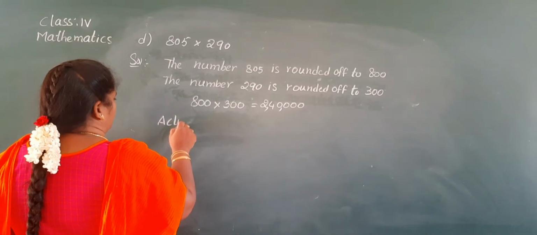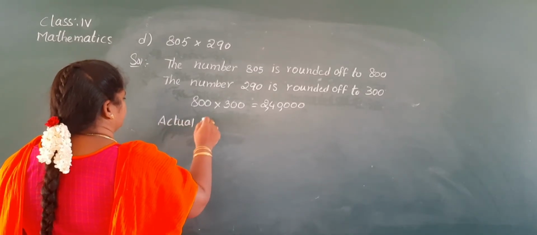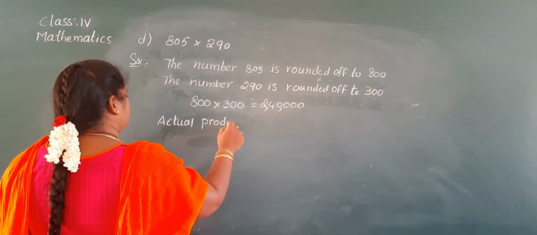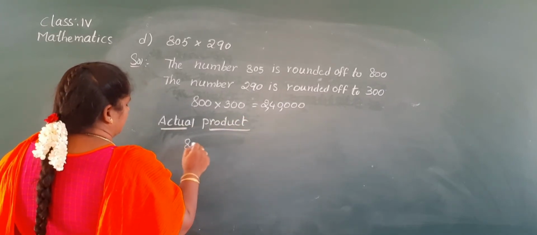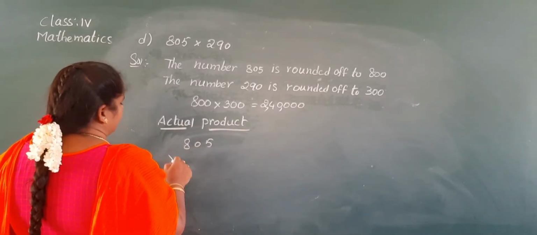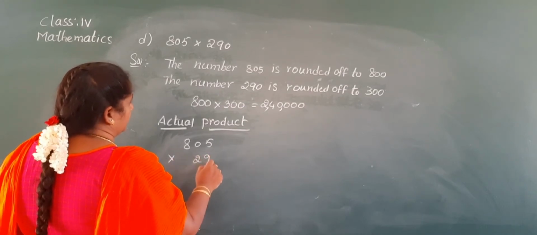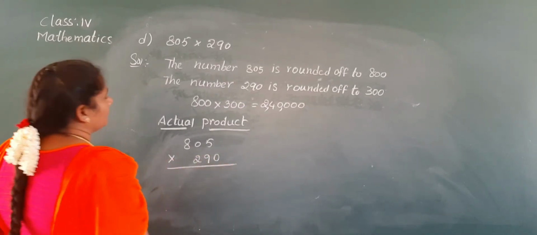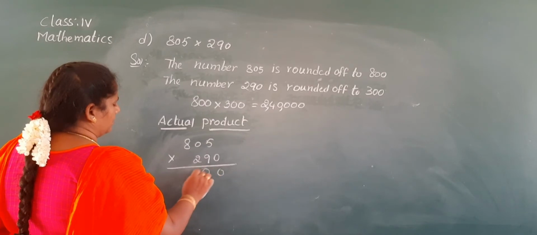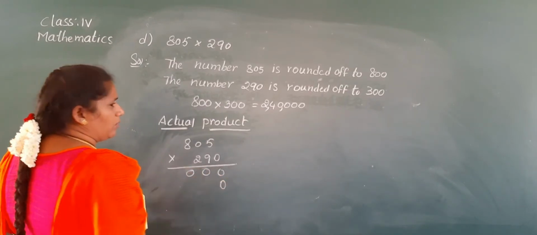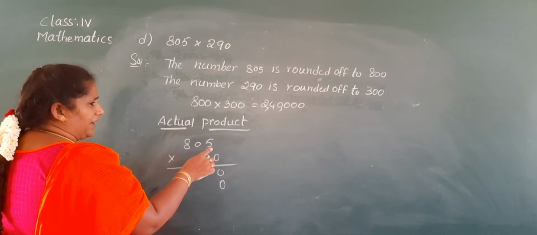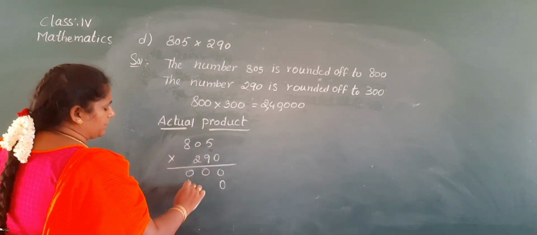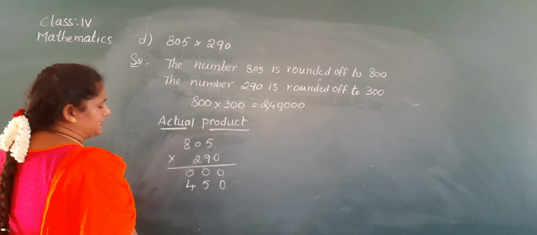Now actual product. Actual product 805 into 290. So 0. And we'll keep 0 in the ones place and start from the tens place. 9 5s are 45, Nana. So 0 came, that's why you write it down itself only.